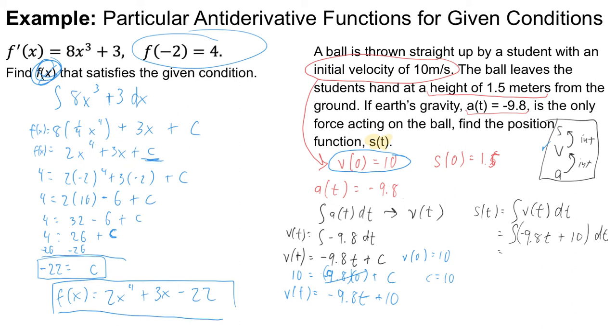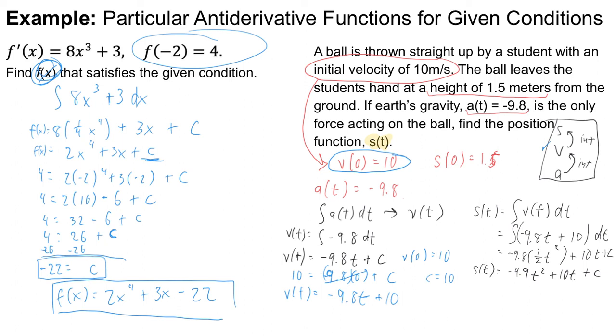When I take the integral of that, I'll get negative 9.8 times t squared over 2, plus 10t plus a new c. Okay, I'll simplify that and get negative 4.9 t squared plus 10t plus c.